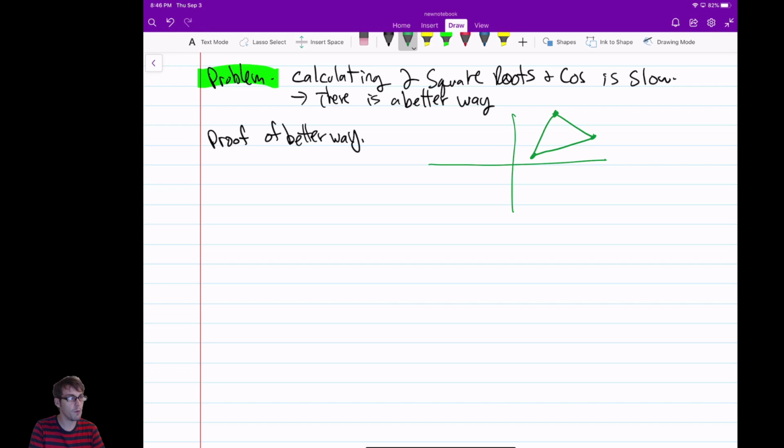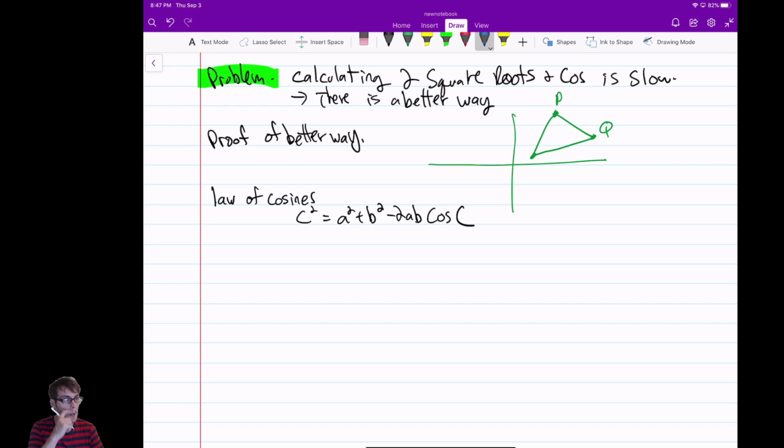Okay, now what we're doing, I'm going to call this P. And this Q. Now, the first thing I'm going to write out is what's called the law of cosines. Don't worry, nobody memorizes this stuff, unless you're a math major. But it looks kind of like this: c squared equals a squared plus b squared minus 2ab cosine of C. Now I'm going to start filling this in a little bit.